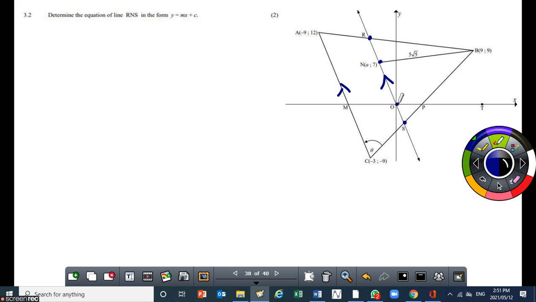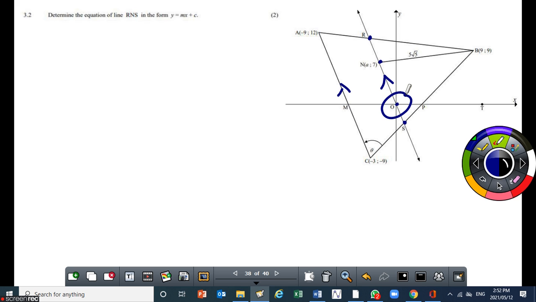What is the name of that point? It's the origin. What did I say about a straight line which passes through the origin? The y-intercept is equal to what?